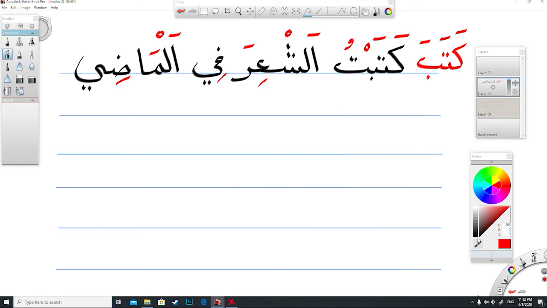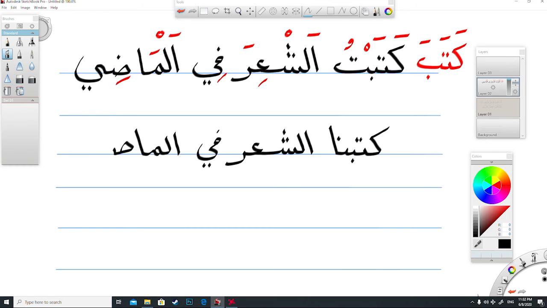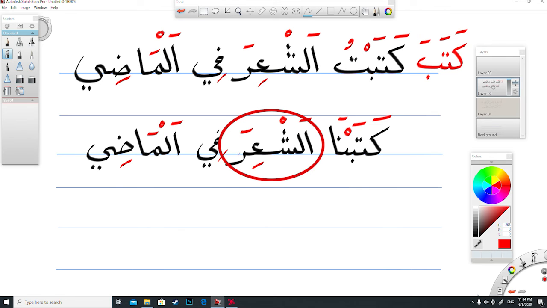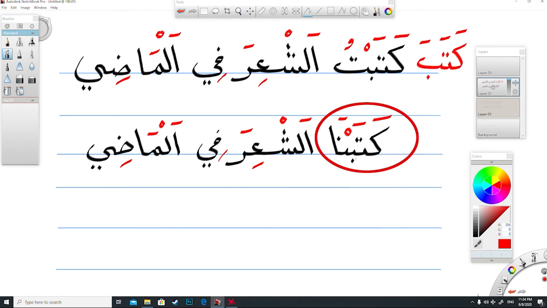Let's move to the examples for the dual, whether masculine or feminine. Here, كتبنا الشعر في الماضي. كتبنا here is for dual or plural, whether masculine or feminine, which means we wrote poetry in the past.